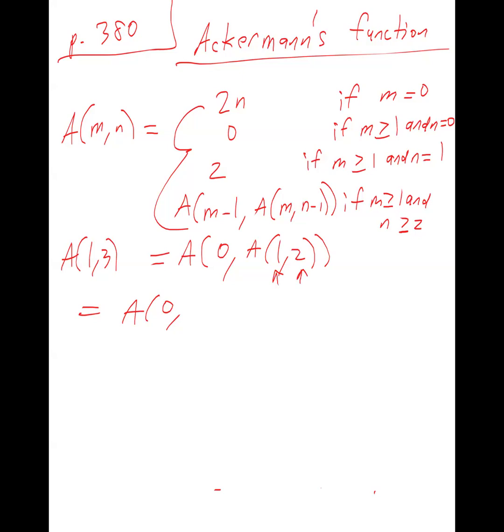So the definition says that the Ackermann value of 1, 2 is equal to the Ackermann value of M minus 1, 1 minus 1, and then the Ackermann value of M, which is 1, and then the Ackermann value of N minus 1, right? 1, 2, 3, there we go. Okay, so we got that.